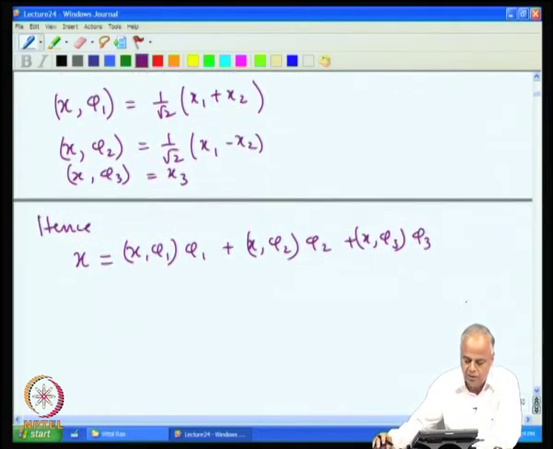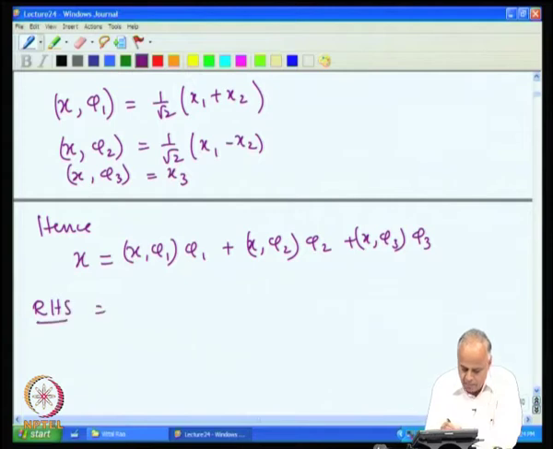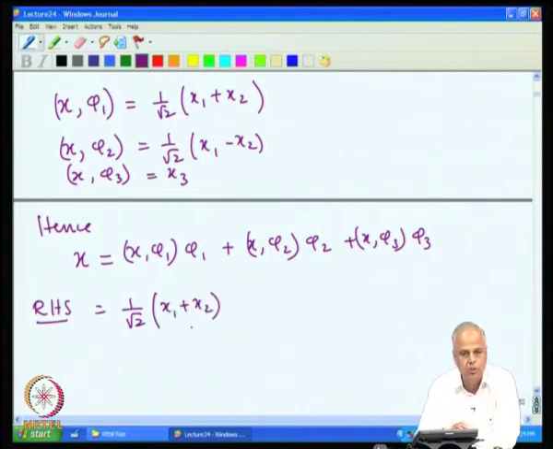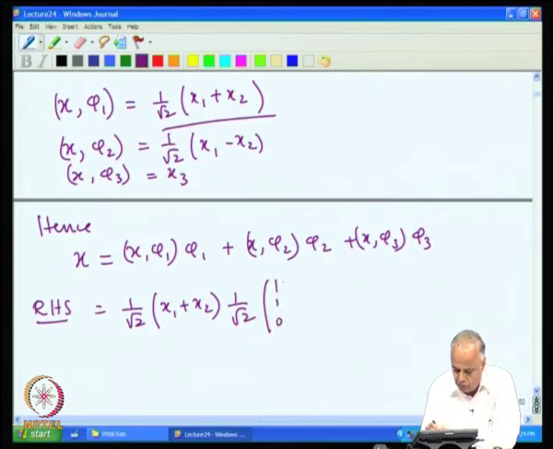Let us check whether this is true. The right hand side is x comma phi 1, which is 1 by square root of 2 into x 1 plus x 2, which we obtained here, into phi 1. Phi 1 was 1 by square root of 2 into 1 1 0, plus x comma phi 2, which we have here.